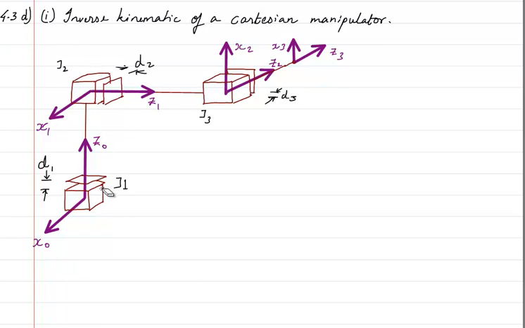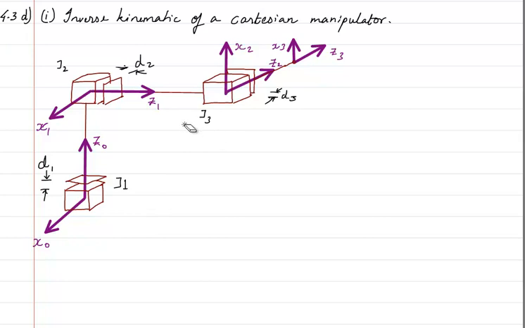You can see it's a Cartesian one because we have three translatory displacement joints, or prismatic joints, and they are facing in three orthogonal directions. I have taken this figure from the previous problem on the Cartesian manipulator that we have done.